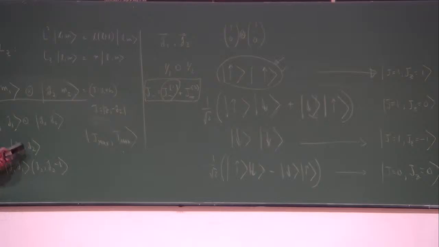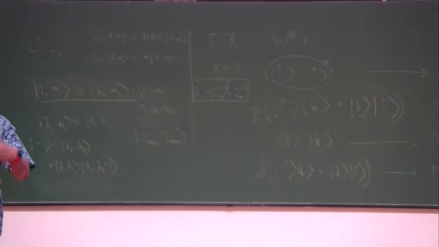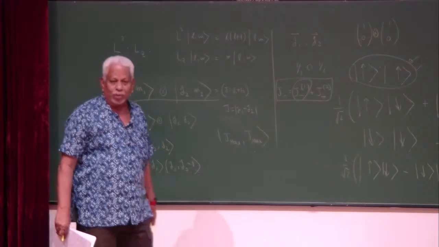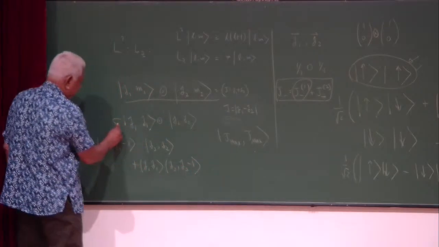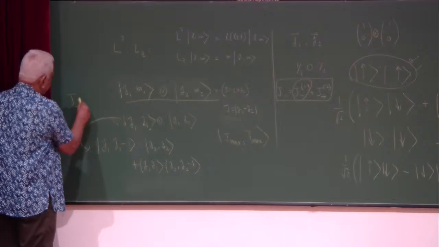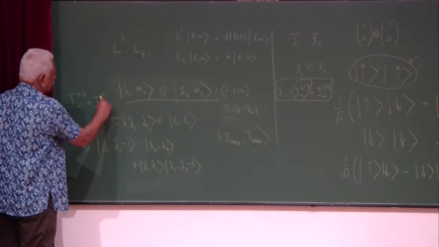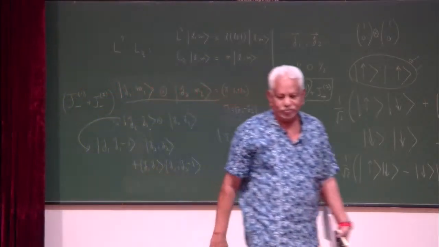J1 plus J2 minus 1, correct? You have to add this and this together. J1 plus J2 minus 1. What is this one? That is also J1 plus J2 minus 1. So in order to go from here to this, you have to act by J minus 1 plus J minus 2. That's what you have to do.